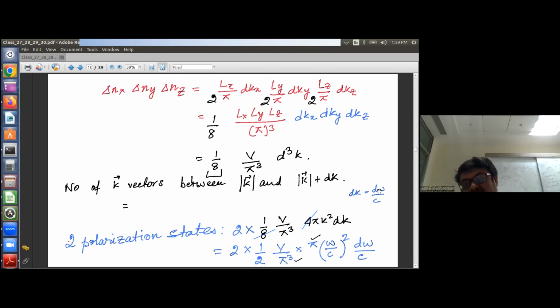k is related to omega by c. So you basically want to see how many levels are there between k and k plus dk, modulus k independent of the direction, and correspondingly how many levels are there between omega and omega plus d omega, right? So if k is equal to omega by c, then dk is equal to d omega by c.